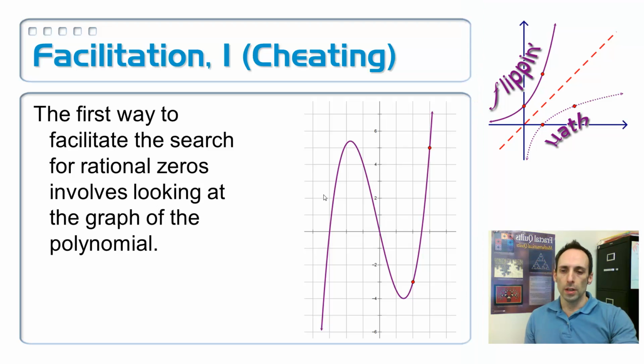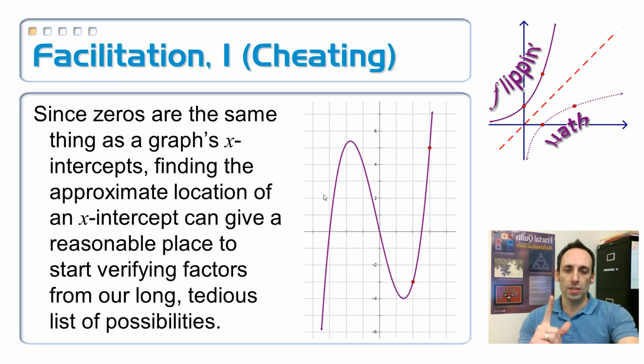Okay. So the first way to facilitate, that just means to make it easier, the first way to make this easier is to look at a graph and check to see where it crosses the x-axis. Since the zeros are the same thing as the x-intercepts, if I can find a place where it crosses the x-axis, this little dot, there's a place to start. I would have listed out with the rational zero theorem what my possibilities are.